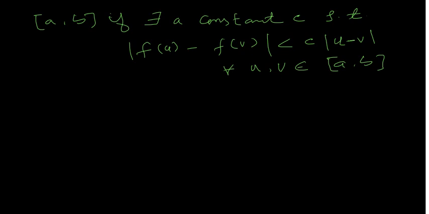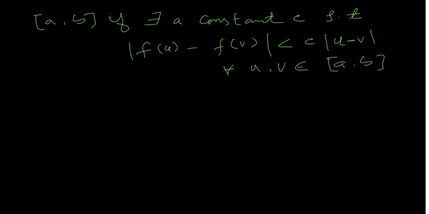And there may exist more than one C, but there always is a constant C. Suppose there is one with 1 times u minus v, then 2 will also do the same job. Mod of f of u minus f of v will also be less than 2 times mod of u minus v. 3 will do the same job, 4 will do the same job, but we are interested in the minimum, or you can say the infimum of those C's satisfying this inequality.